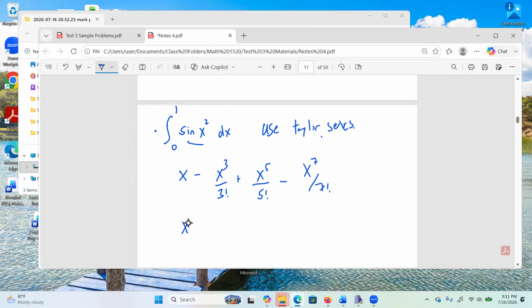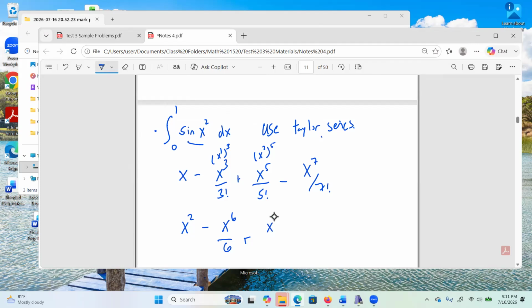So this is really x squared minus x squared raised to the third power. That's going to be x to the 6 over 6, plus x squared raised to the fifth power, which is x to the 10th over 120.